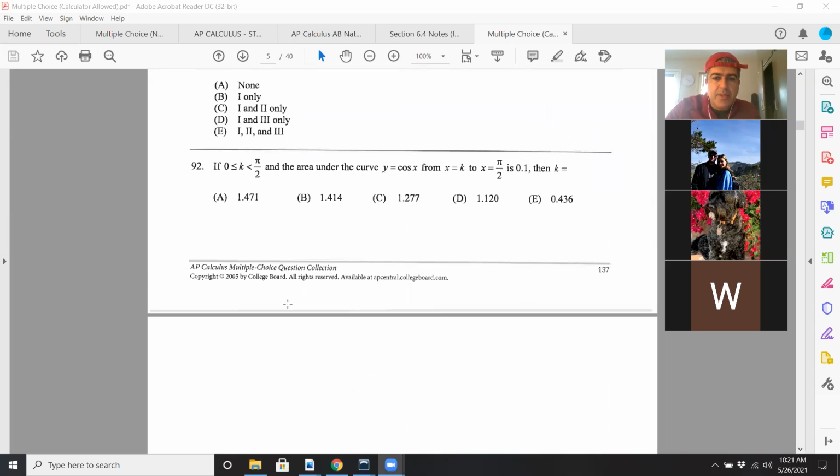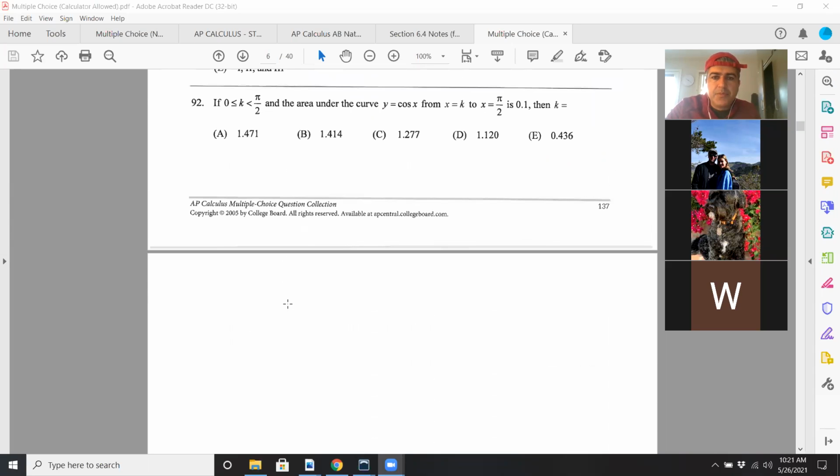Okay, the last one, let's do 92, and then we'll stop there. So for this one, they say the area under the curve y equals cos x from x equals k to x equals pi over 2 is 0.1. Okay, now cos x looks like this.